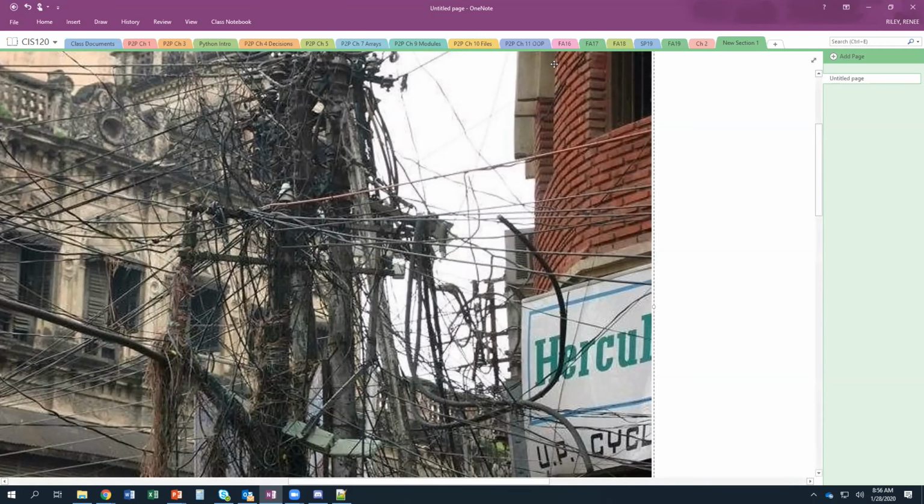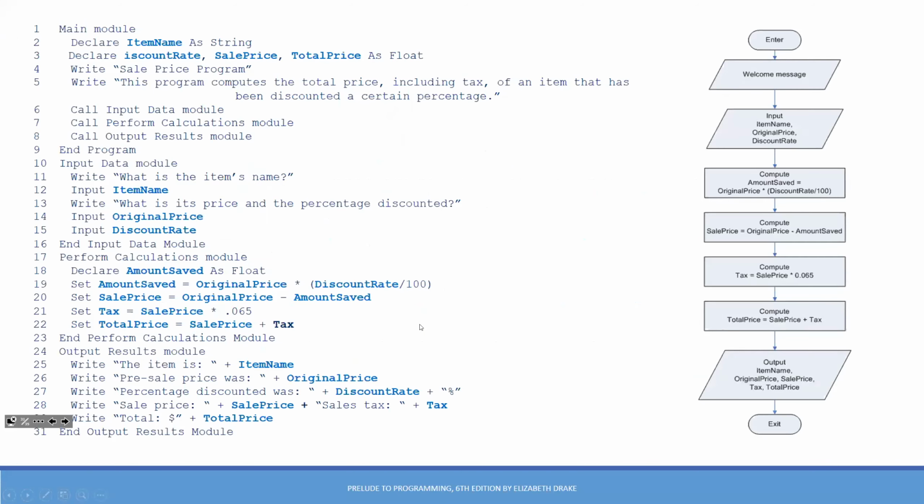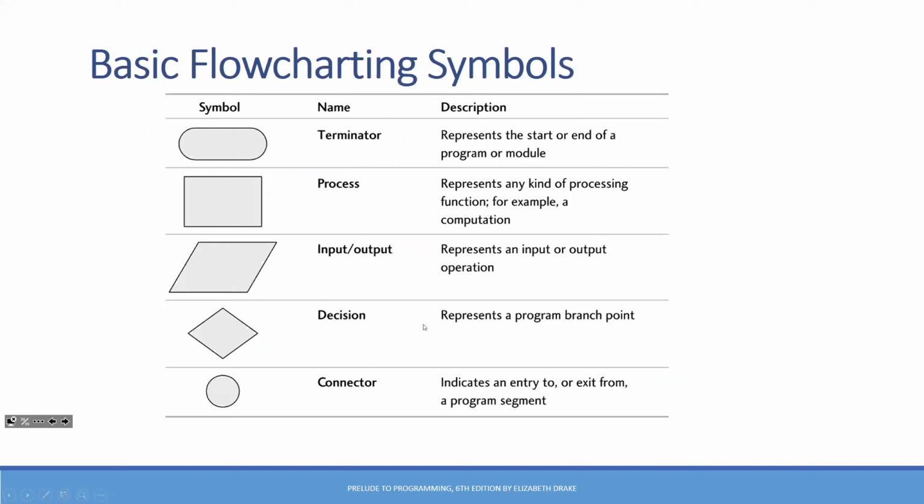All right, so let's make our own flow charts. I'm going to show you how to create a really quick one. Before though, let's look at some of these basic symbols. We have the terminator symbol, the process, input, output, decision, the connector.